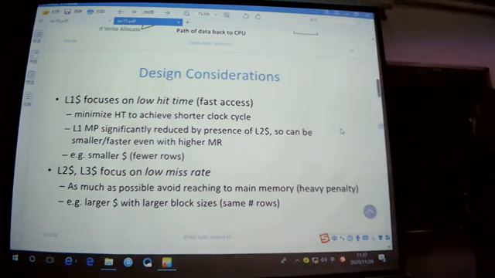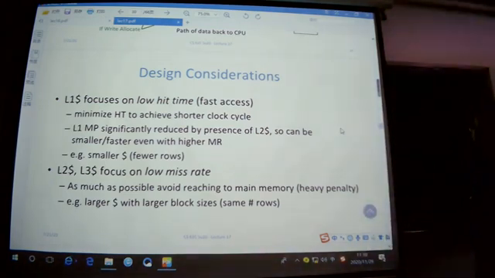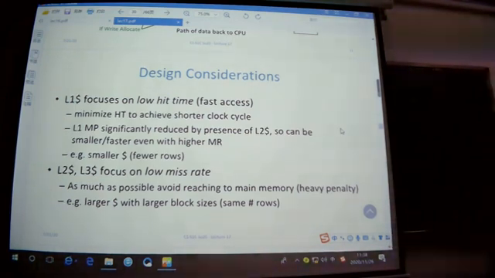Level 2 and level 3 focus on low miss rate, avoiding going back to main memory as much as possible. We have a heavy penalty there, which is bad. For example, larger with larger block size. So this is the design.